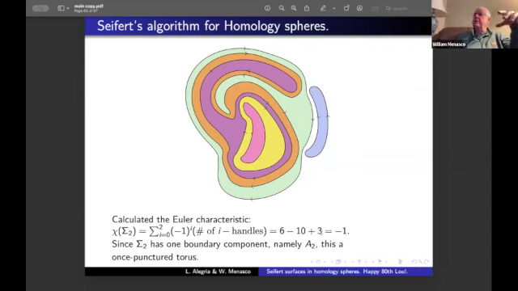And then there's 3 two handles that we added because we needed 2 negative parallel copies in one of the handles, the R1 handle, and we needed 1 copy of the core of the R2 handle. And you add that up, and we're looking at a -1 Euler characteristic, which means that A1 bounds a once punctured torus.